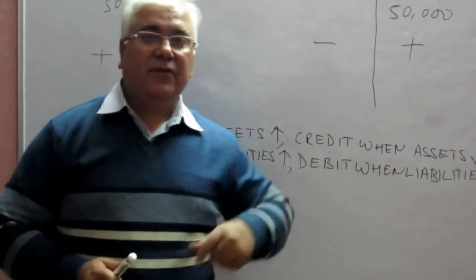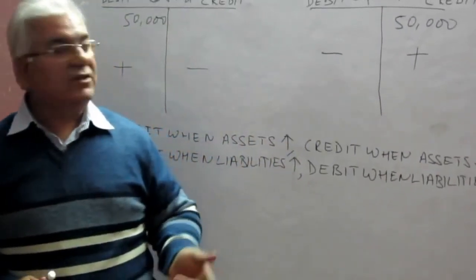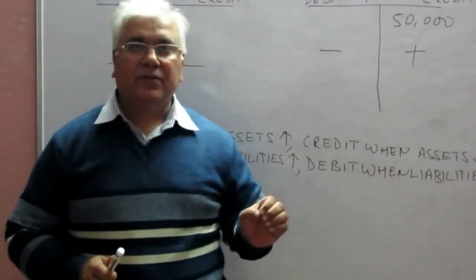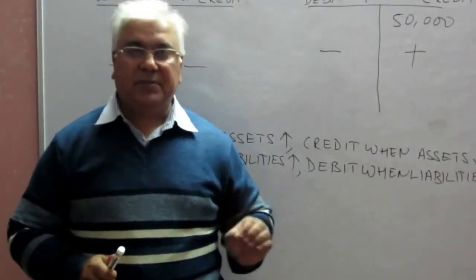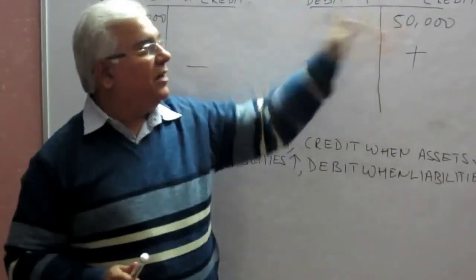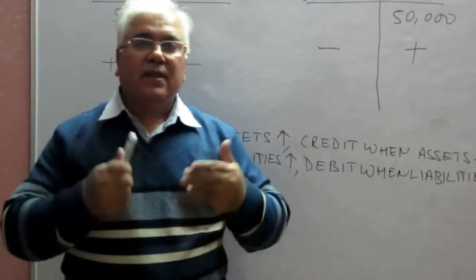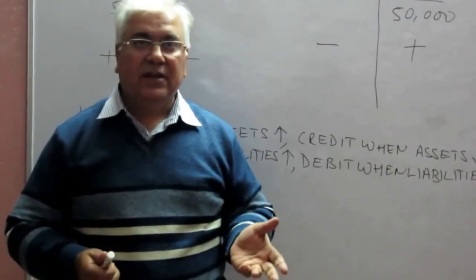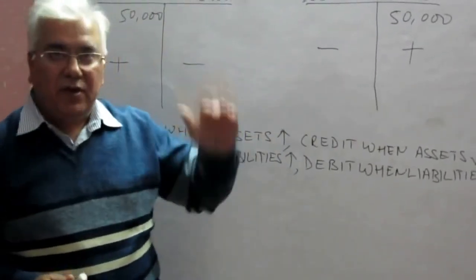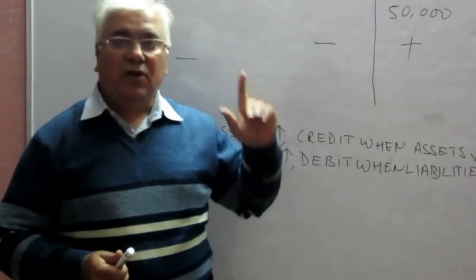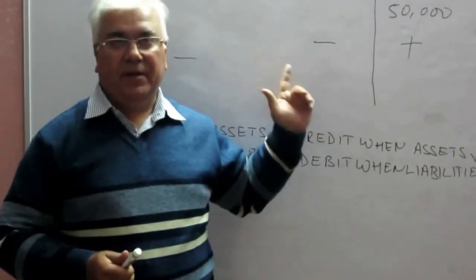Before proceeding to those, let us understand one thing. All the losses and expenses reduce the capital account. That's very true. For example, if you pay a salary of 3,000 rupees, that 3,000 will be reduced from capital. That means all expenses reduce the capital.